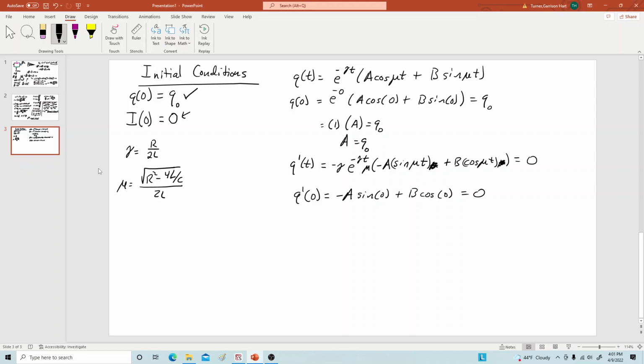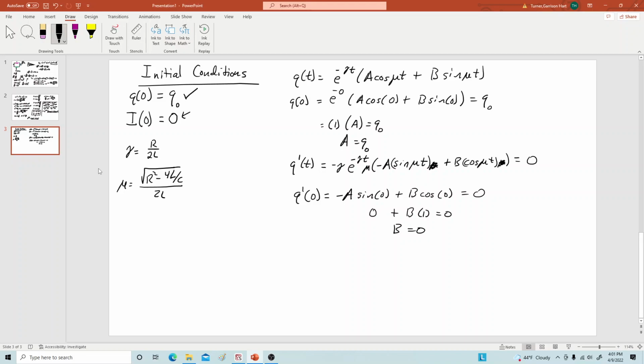But the sine of 0 is 0, so 0 times negative a goes to 0. And this cosine of 0 is 1, so b times 1 must equal 0. So b is 0. Okay, so b is 0.